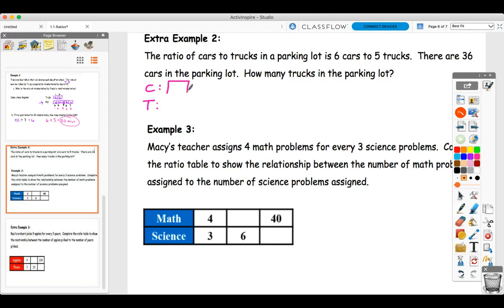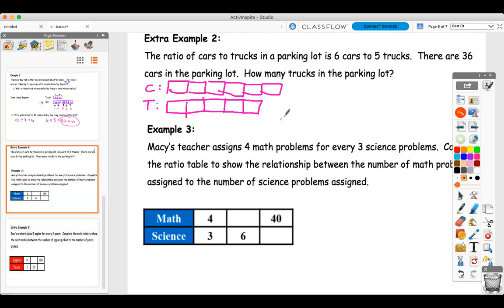So 1, 2, 3, 4, 5, 6. And I'm just going to make it similar size because we know there's 5 in this one. So 1, 2, 3, 4, 5. There are 36 cars in the parking lot.